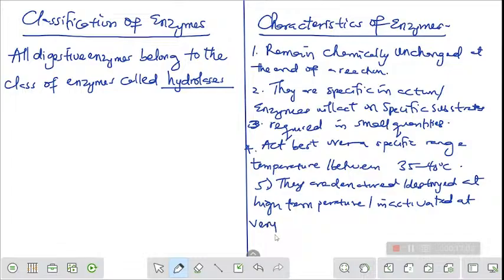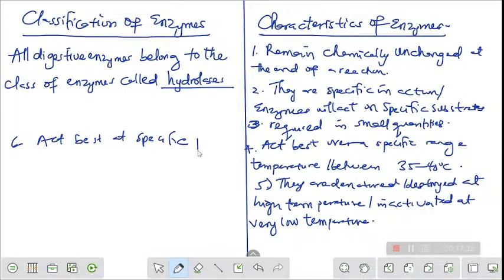They act best at a specific pH, either acidic or alkaline. So their action is reversible. That's just it.